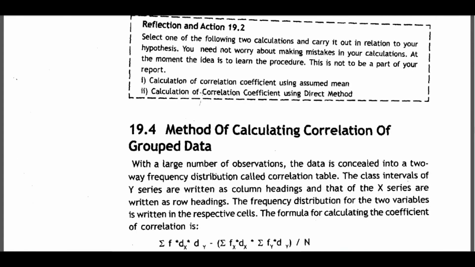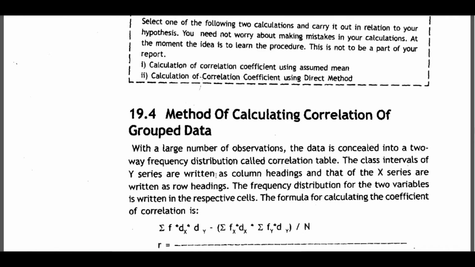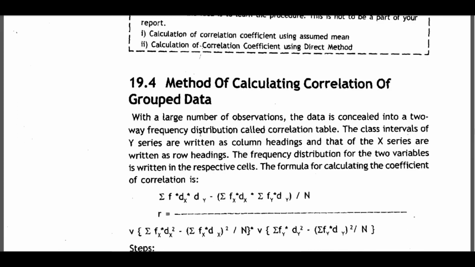So next we will go to the other part, that is 19.4, method of calculating correlation of group data. With a large number of observations, the data is condensed into a frequency distribution called a correlation table. The class intervals of the y series are written as column heads and those of the x series are written as row headings.